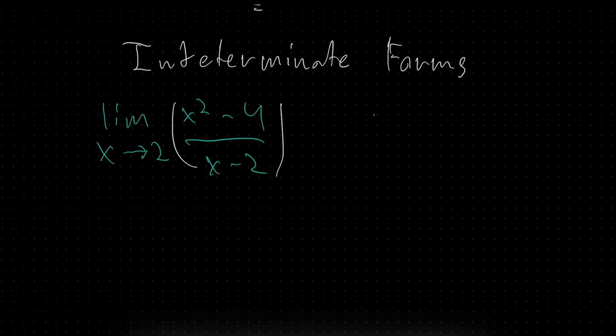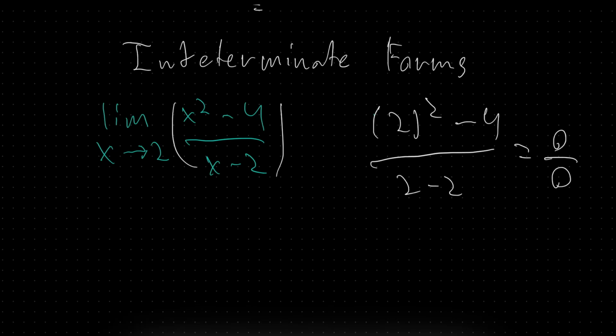All right, so we have the limit as x approaches 2 of x squared minus 4 over x minus 2. Let's do that now. If we were to sub this directly in, like we were trying before, 2 squared minus 4 over 2 minus 2 will give us 0 over 0.